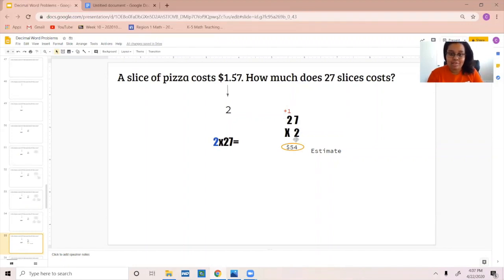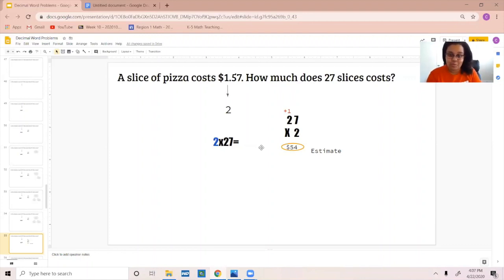Now I can say that 2 times 2 tens equals 4 tens, plus my 1 ten is 5 tens. So I have my estimate, 5 tens and 4 ones, which is read as 54. So I'm estimating that this pizza is going to cost about $54.